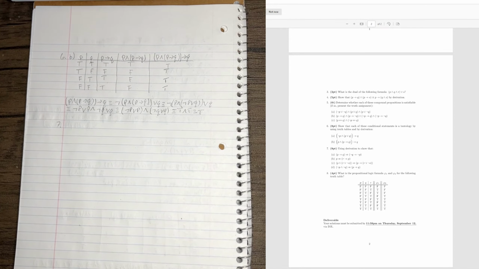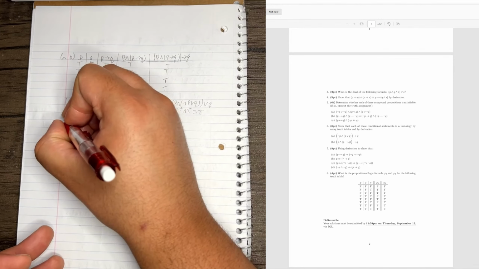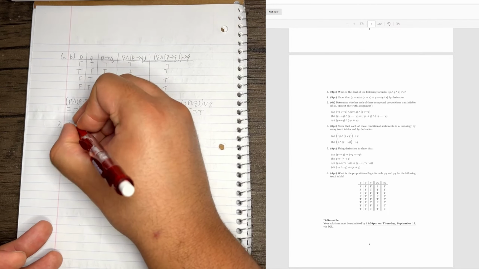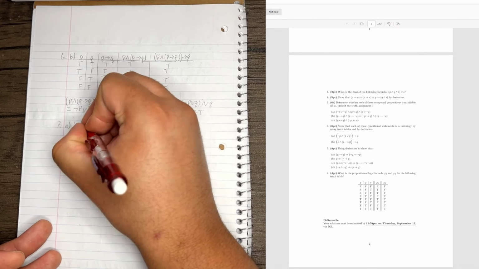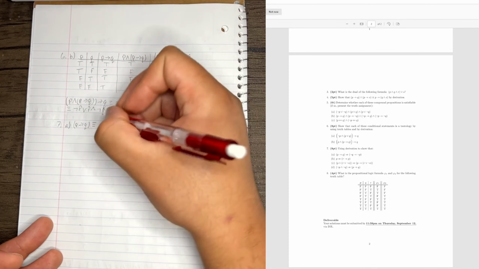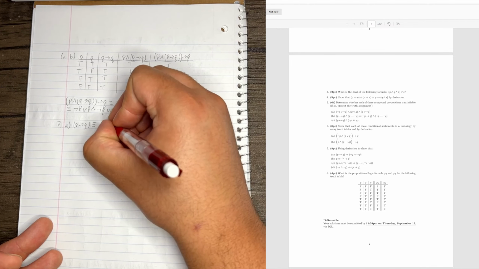Using derivation to show that. No, we're just trying to make them equivalent to each other. P to Q is equivalent to not P or Q, right?